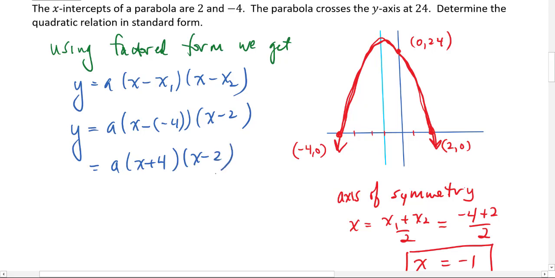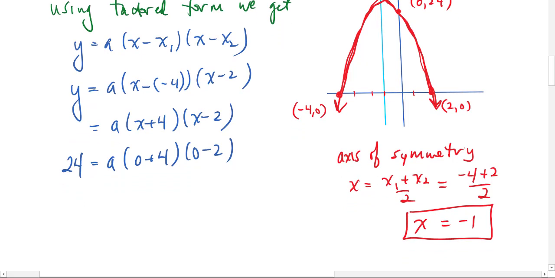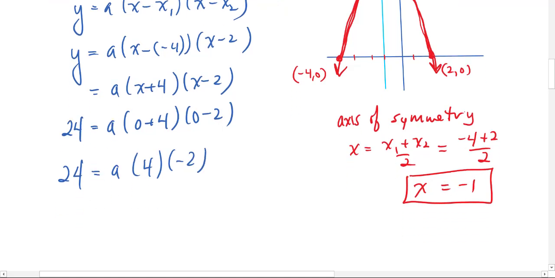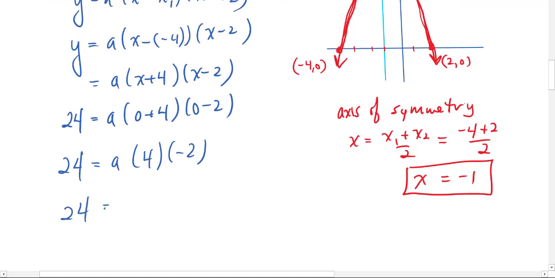After you subbed in the zeros, you sub in a point. The only point we have is 0, 24. So 24 goes in for y, 0 goes in for x, and we can now solve for the a value. So we get 24 equals a times 4 times negative 2, which is negative 8.